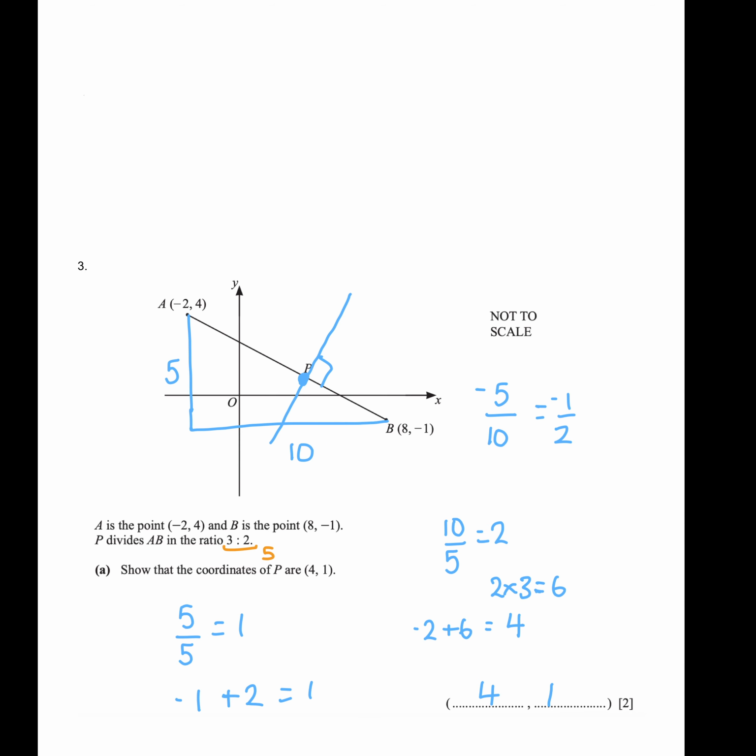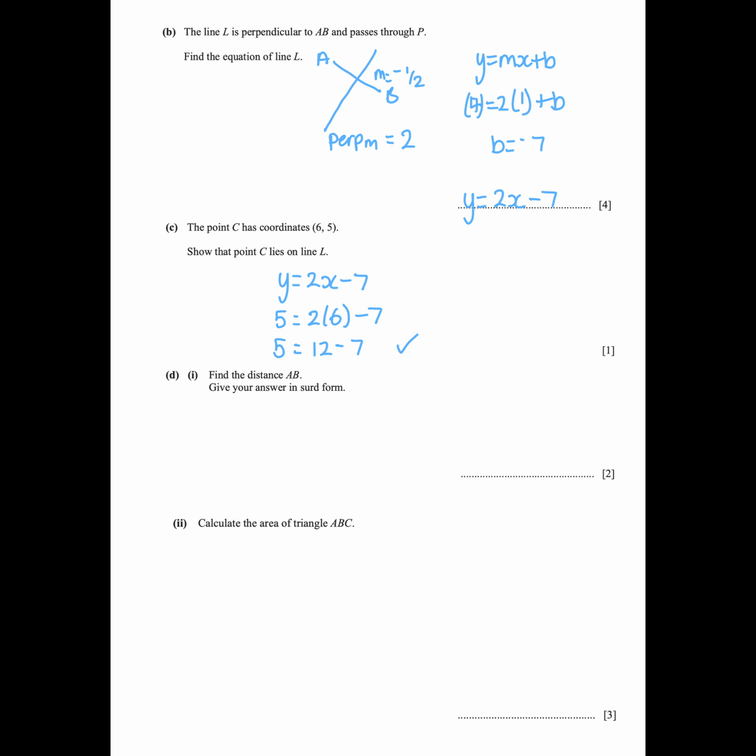So using Pythagoras, we have 10 squared plus 5 squared is equal to the length squared. You can type that into the GDC or solve that by hand, and you end up with the square root of 125, which if we write that in surds is 5 root 5. So either of those two answers would be fine.